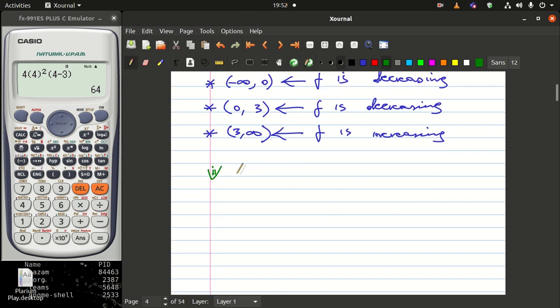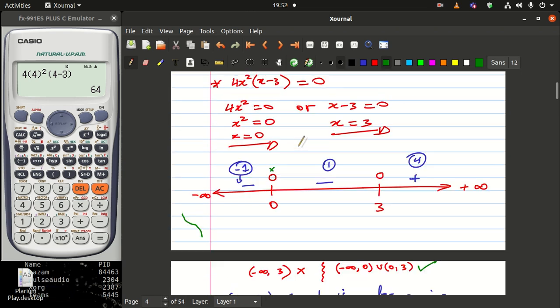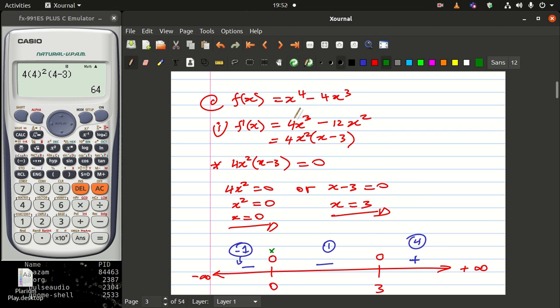So what we can say here, if x is equal to 0, we have f of 0. We plug in the original function.